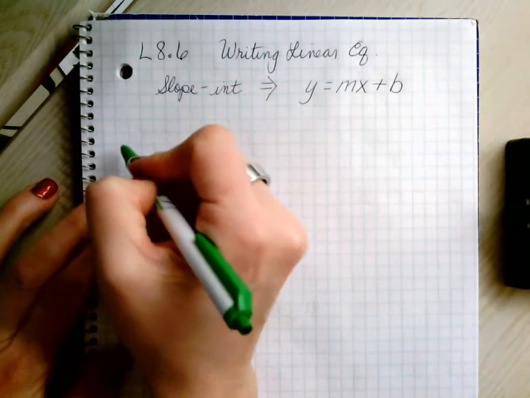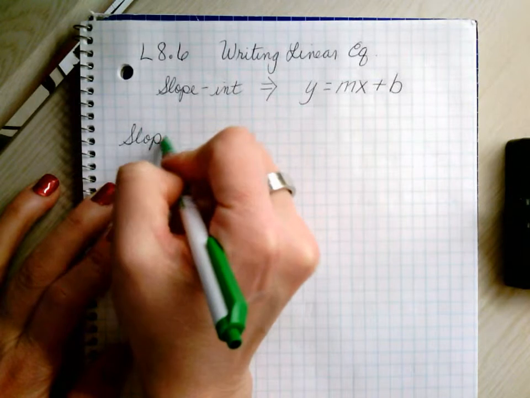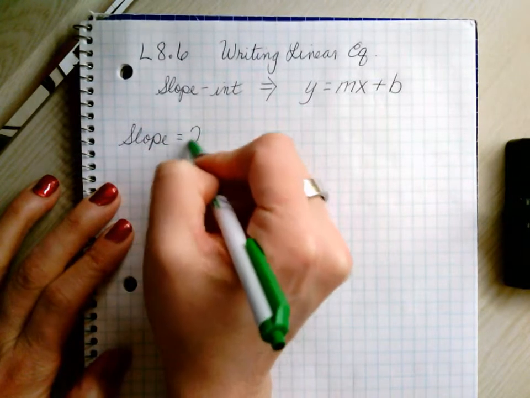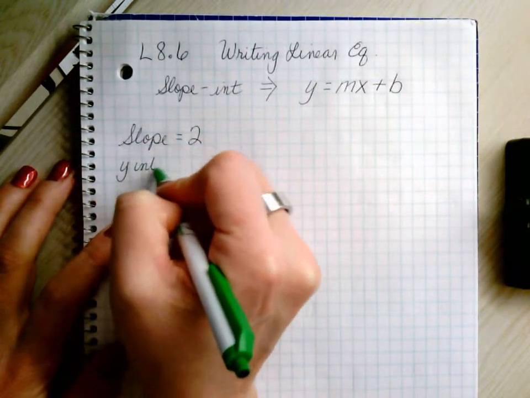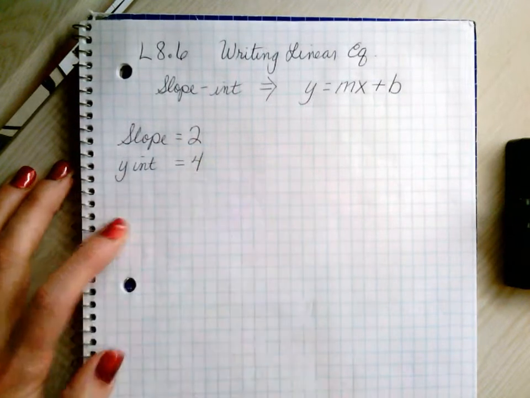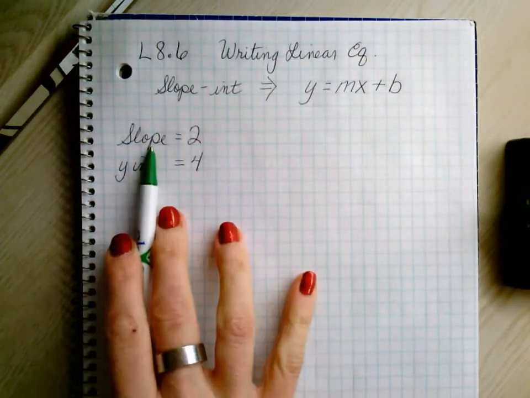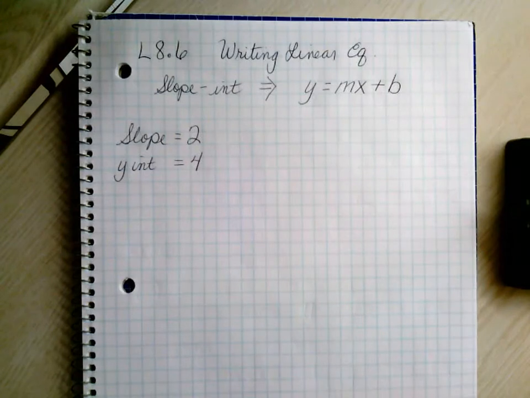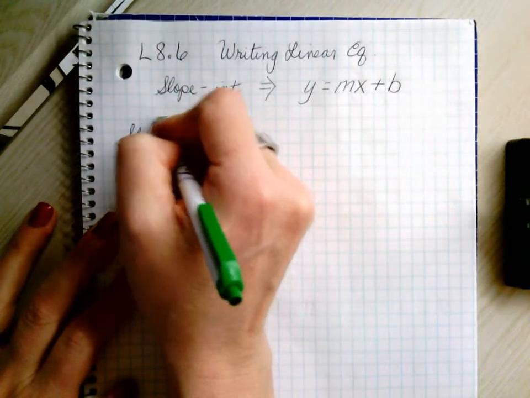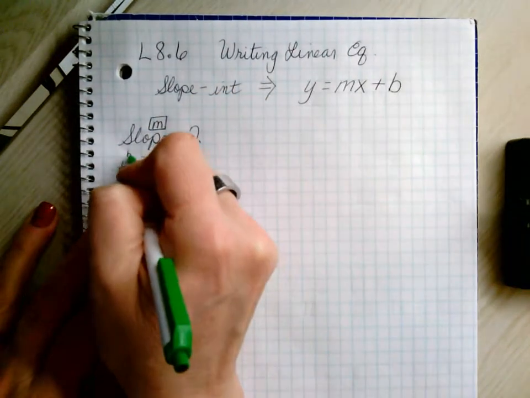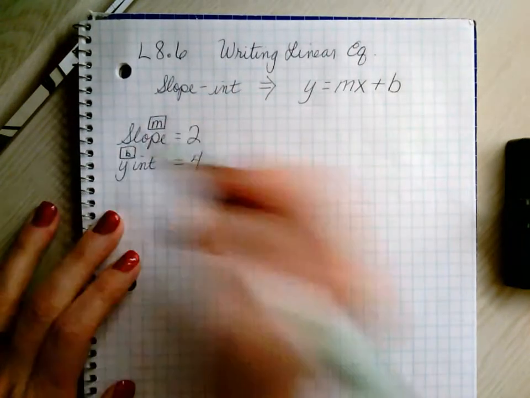If I tell you slope equals 2, y-intercept equals 4, can you use this information to create an equation? You can. Slope is the m, y-intercept is the b.